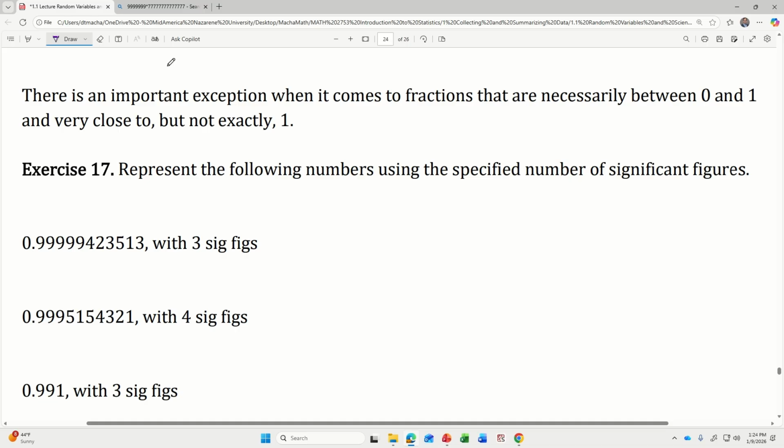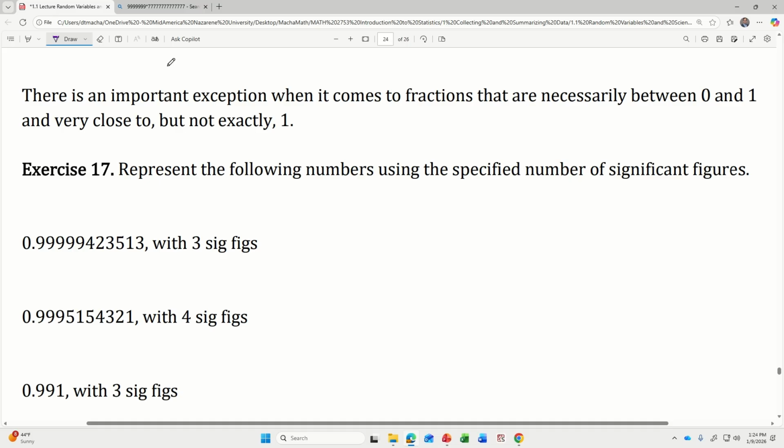If you've got a fraction, and your fraction is necessarily between 0 and 1, okay? An example is like, what percentage of MNU students are younger than 50 years old? Okay, that's a fraction between 0 and 1. It can't be more than 1, can't be less than 0.